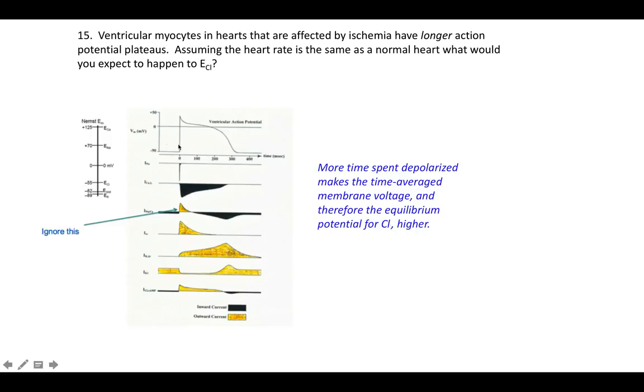So you end up just a little bit higher than rest, about minus 55, just because you spend more time at rest than you do depolarized. Well, if I increase the amount of time that I spend depolarized, then my ECL will tend to be less negative and it'll rise, okay? So what'll happen is my ECL will be higher than minus 55, and I think in the long QT exercise, we actually called it minus 35, okay?